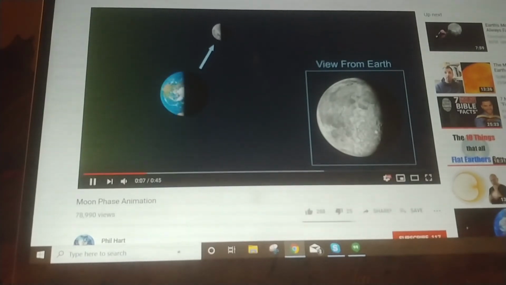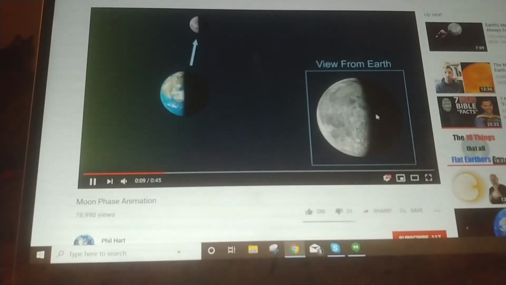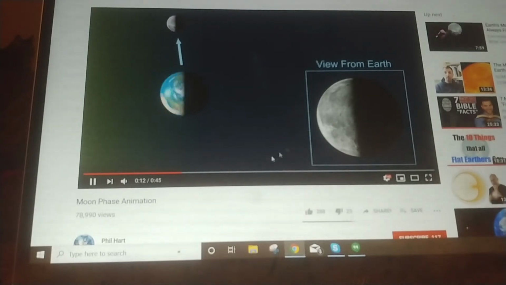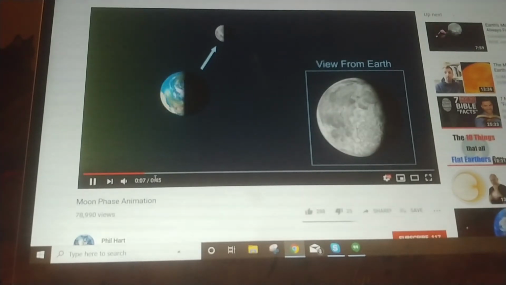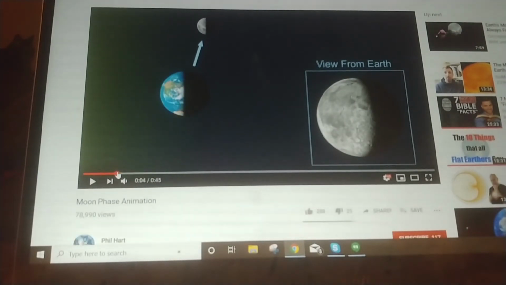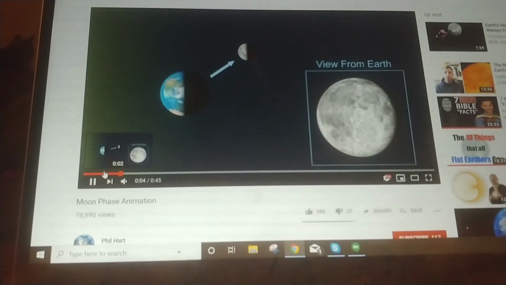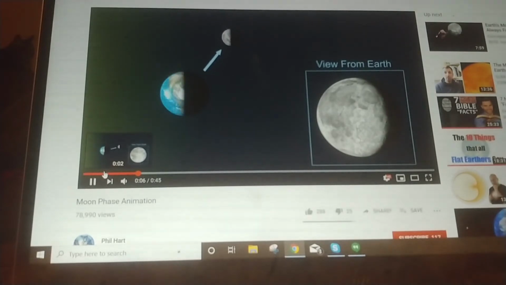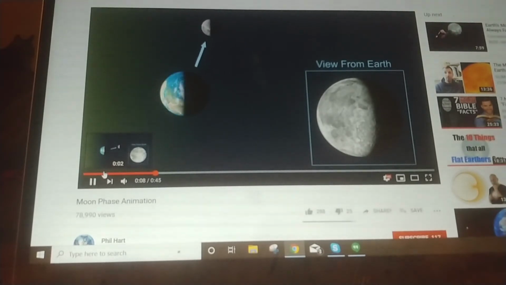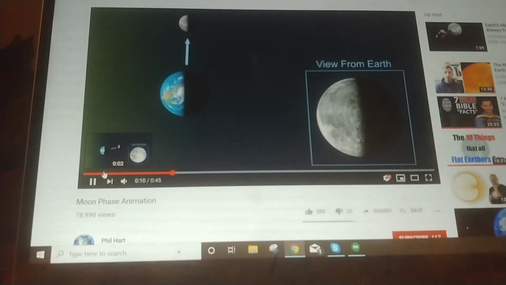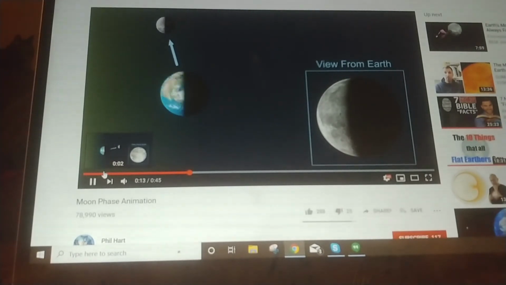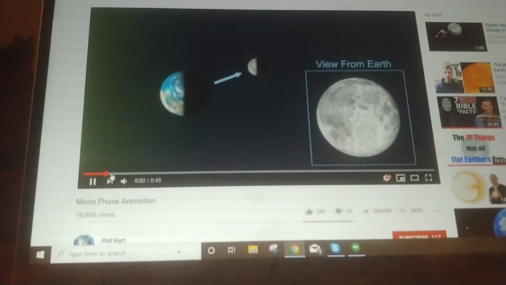Pay attention now. This is how phases work. See that? You want to see it again? Full moon. This is how phases work. This is how light and shadow works on a sphere. Watch again.